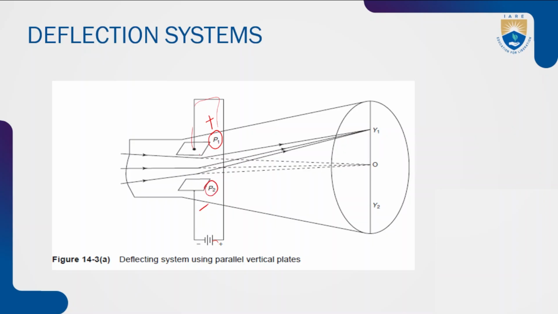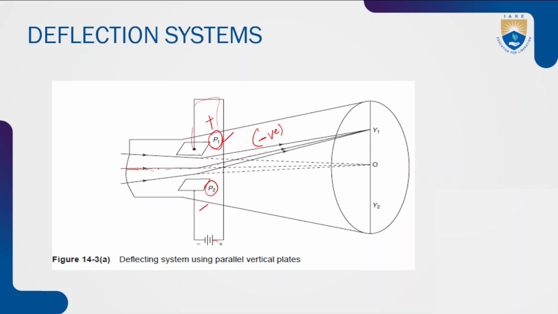When the electron beam passes through this vertical deflection system, as we know the electron beam has negative potential, so it always tries to reach positive potential. That's why all the electron beams coming from the electron gun try to move towards positive potential, which here is P1.